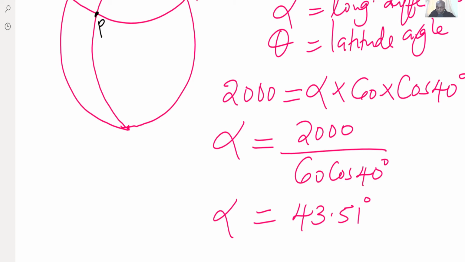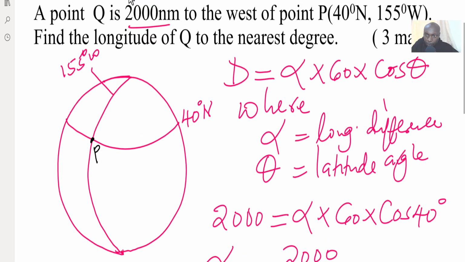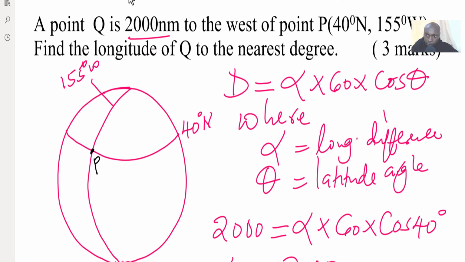So this represents the longitude difference. Having identified the longitude difference, and we have the longitude of P, which is 155 degrees to the west.